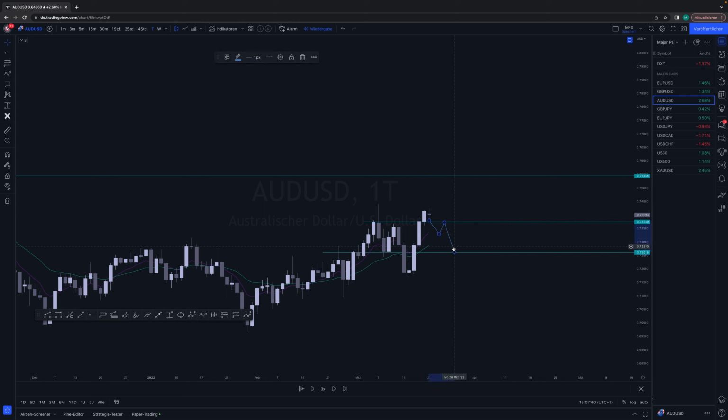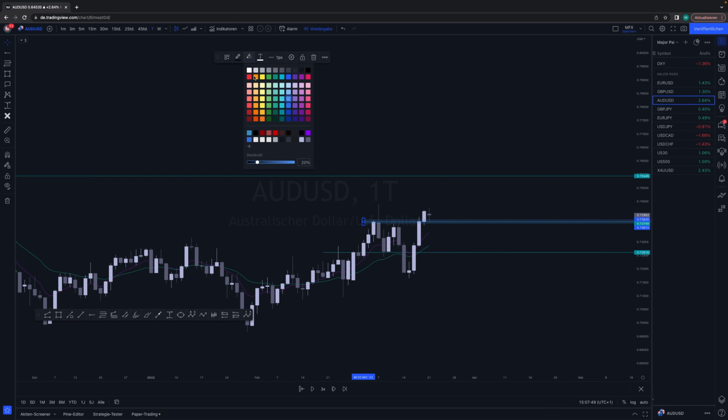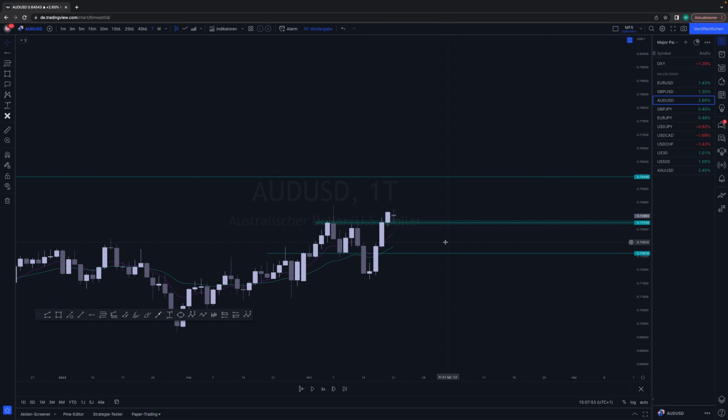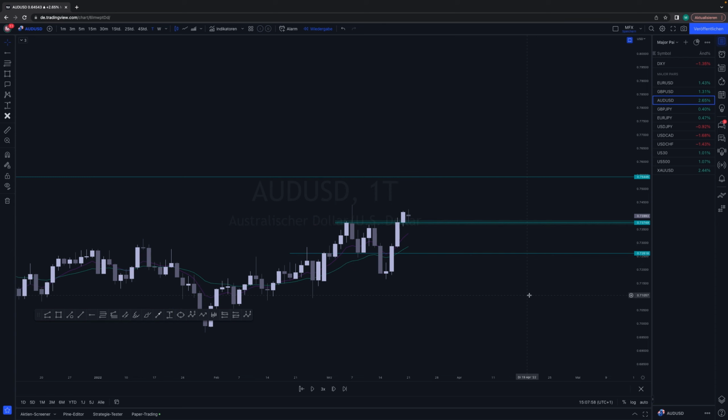So that's my trading plan. So I draw a box around the current level and make it green. That's my support level, and we can already see that the daily time frame is rejecting this zone.